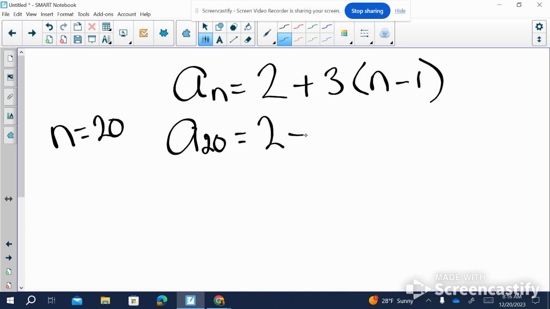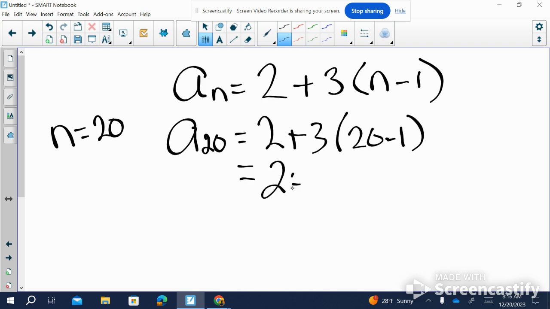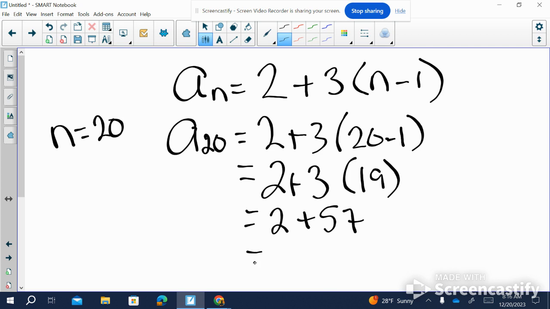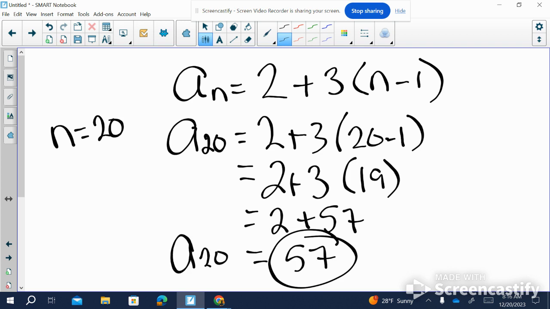So 2 plus 3 times 20 minus 1, that's equal to 2 plus 3 times 19. 3 times 19 is 57, so that's 2 plus 57, which is 59. So the 20th term is equal to 59. So a sub 20 is equal to 59.